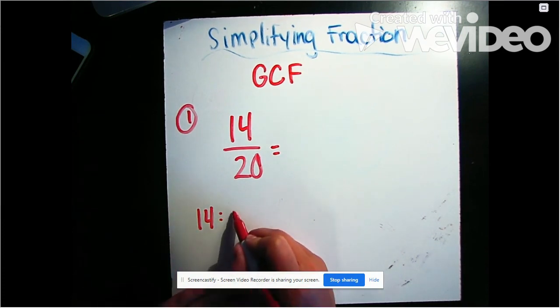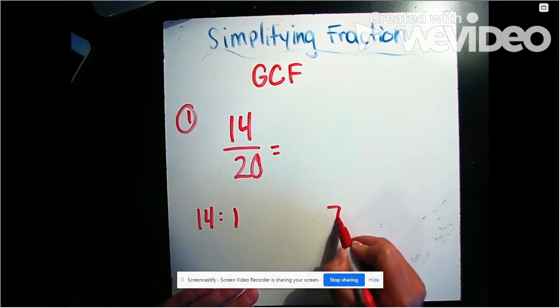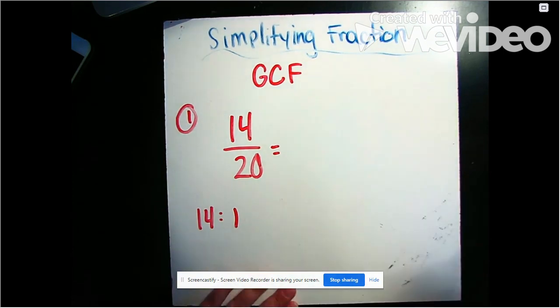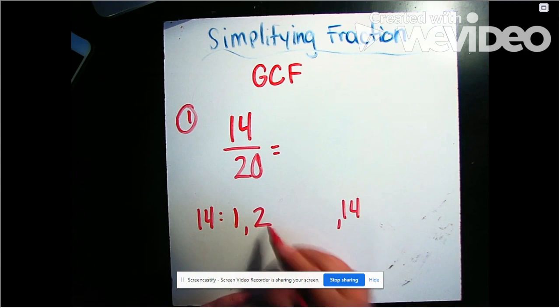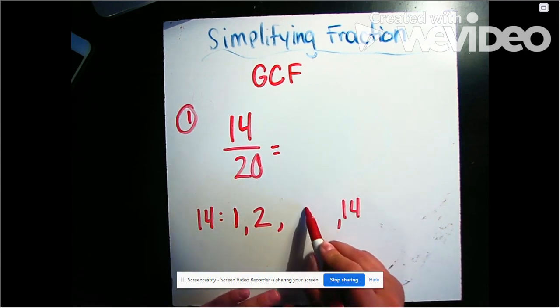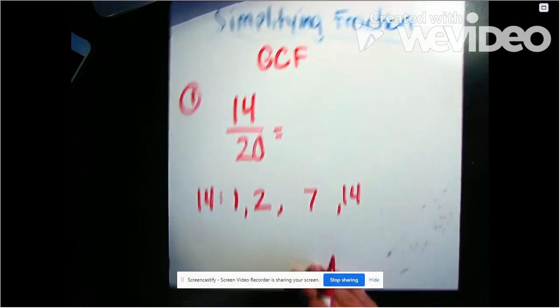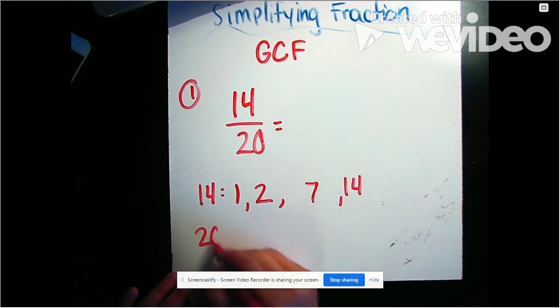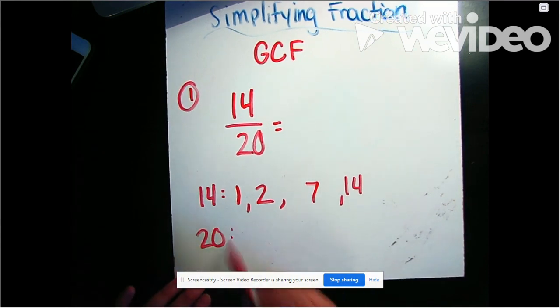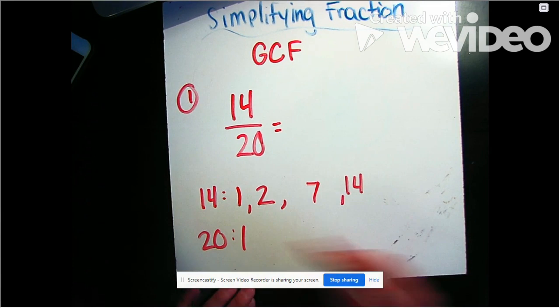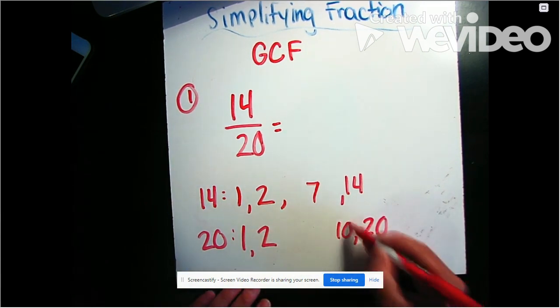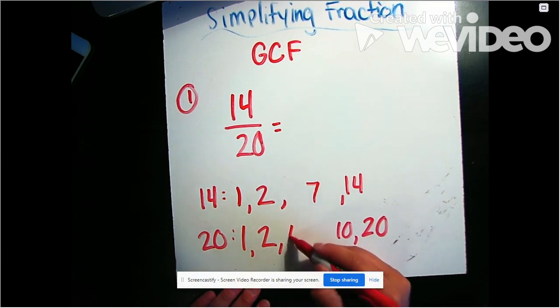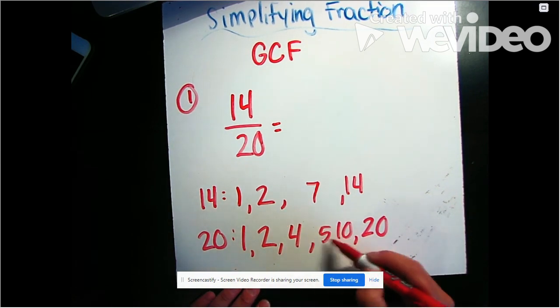So I know that I can do 1 times 14, and I can do 2 times 7, and that's it, right? For 20, the factors are 1 and 20, 2 times 10, 4 times 5.